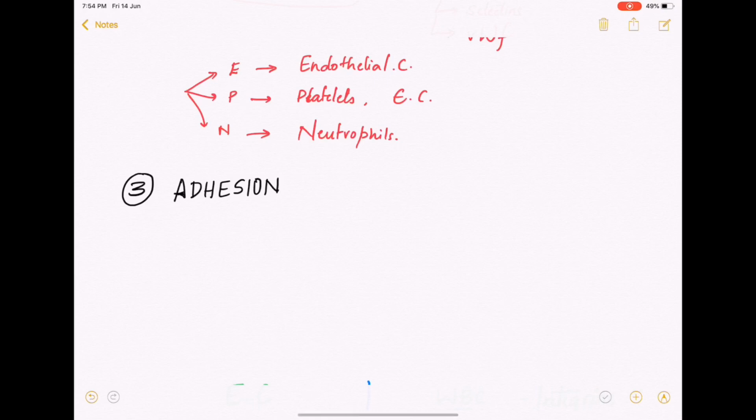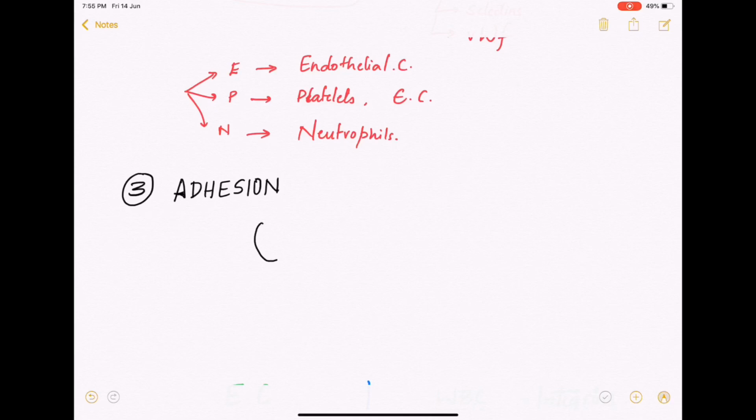So after rolling, we have adhesion. Adhesion is where there is tight adhesion, or tight forces holding the WBCs onto the endothelium. So there is no more rolling, and there are different molecules involved in this kind of adhesion. We have a few molecules expressed by the WBCs and a few by the endothelial cells.